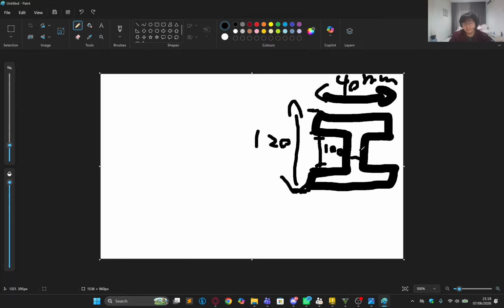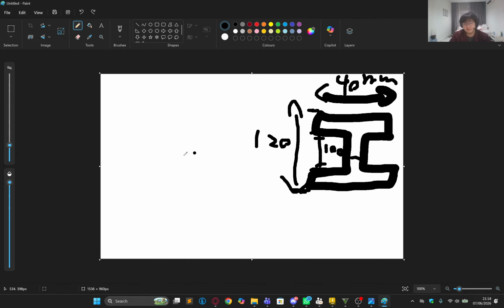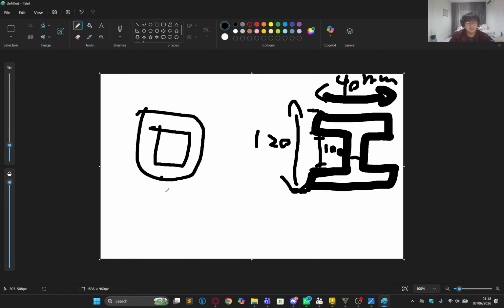So this bar thing is 10 millimeters, and then we say here it's 30 millimeters because we're thinking of it like this. To make things easier, we think of the outer area minus the inner area.